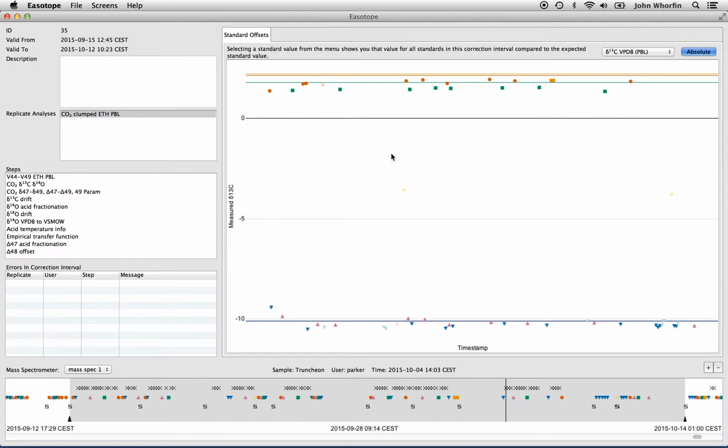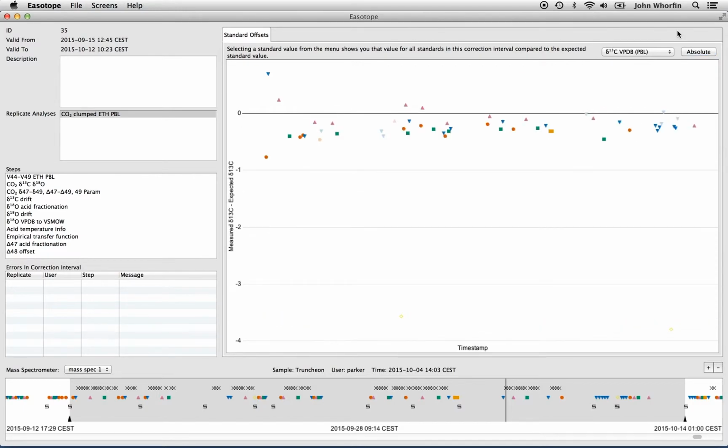They're all slightly below the lines, although these are a little closer down here. So when we view in relative mode, all we're doing is looking at the subtraction of these two things, the difference between these two things. So you can see also on this graph that all the points tend to fall below the expected values, which, as I said, is normal.